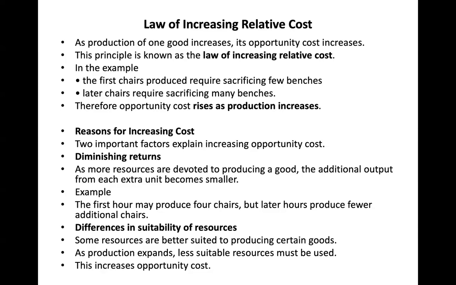But when you add 10 laborers, they were able to produce, let's say, 10 bags of maize. You can see that the additional unit that the additional labor is adding becomes smaller.